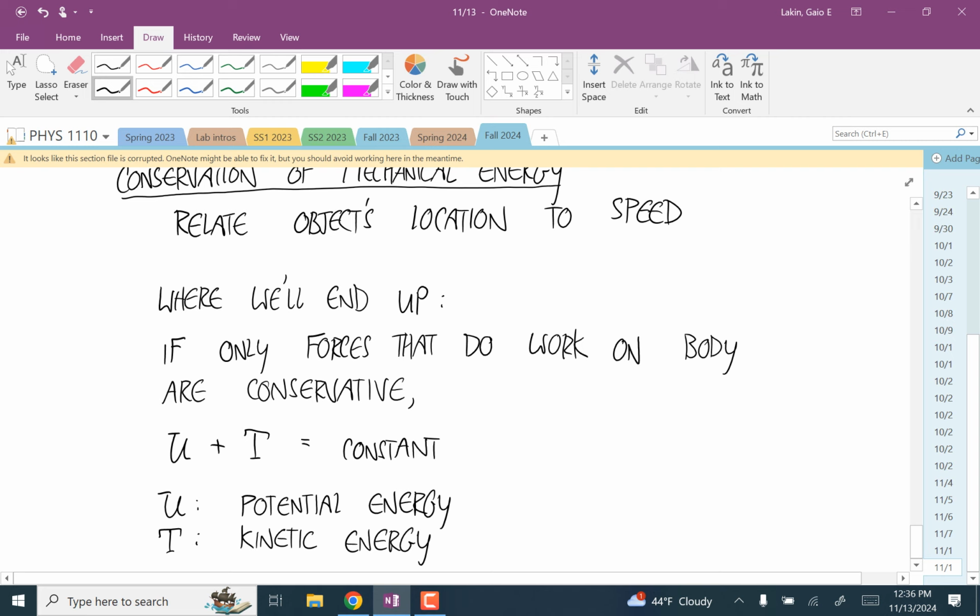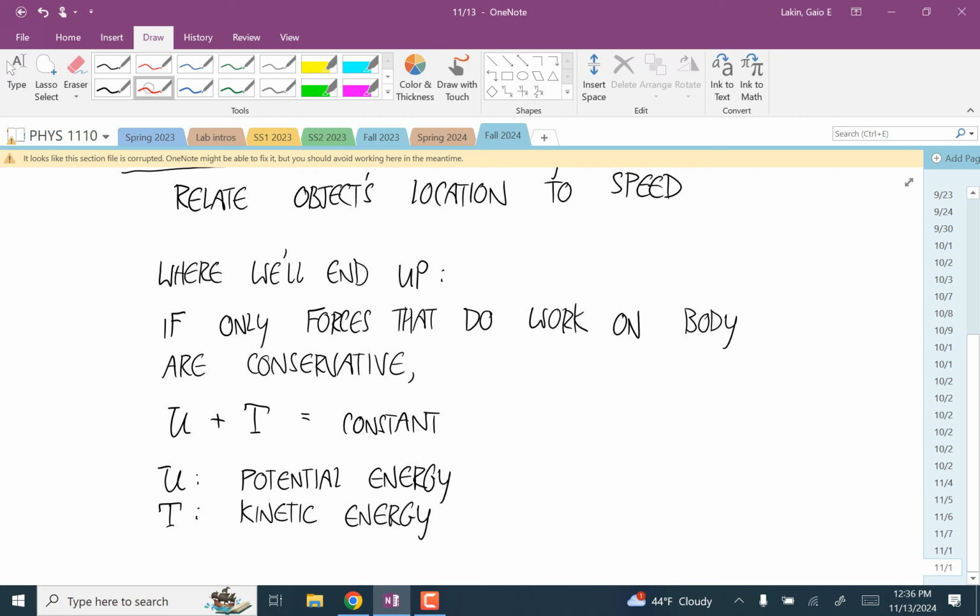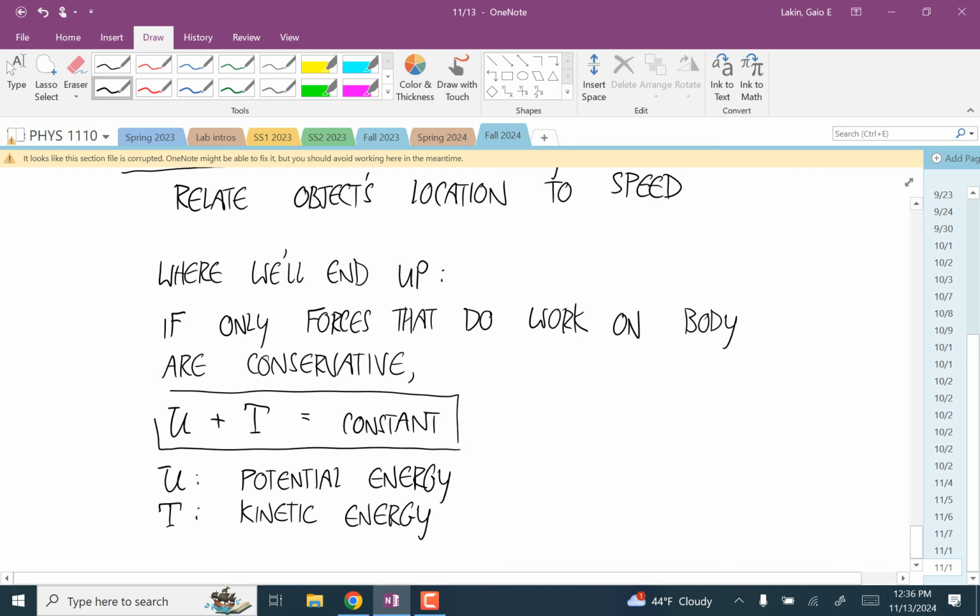Okay. So this is conservation of mechanical energy.